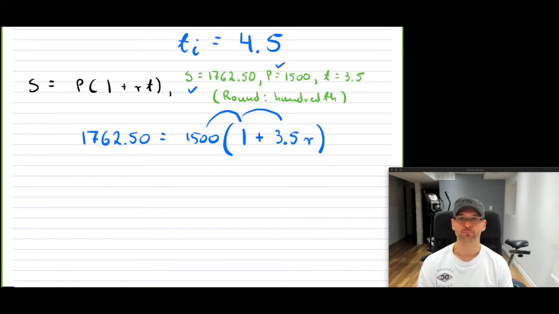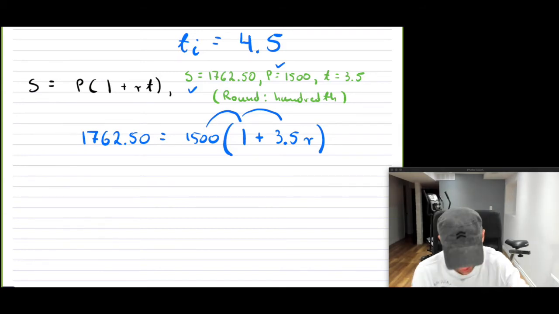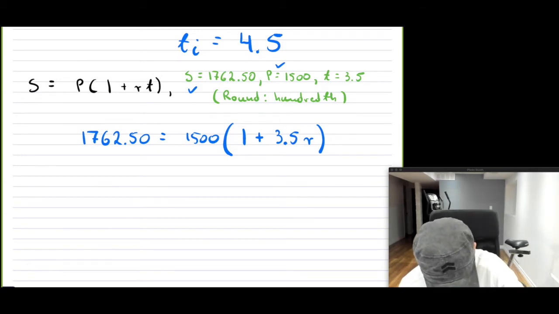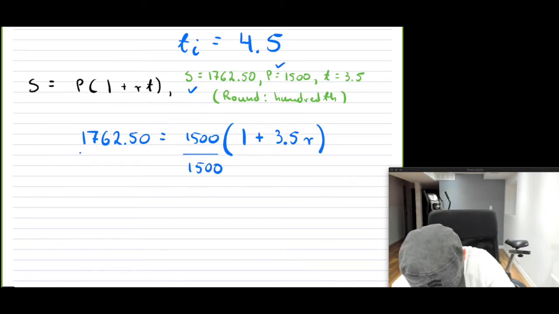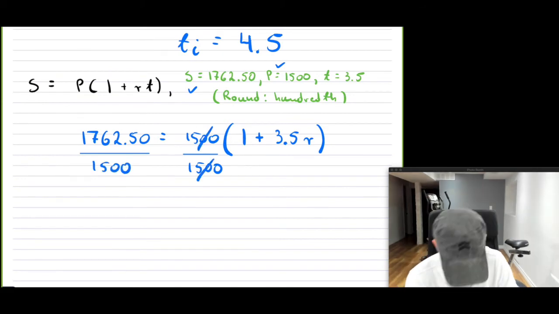Or because it's in front of the brackets, I can also divide by 1500. Let's do that this time around, so you can see that you can also do this. You can divide on both sides so that it gets rid of that.